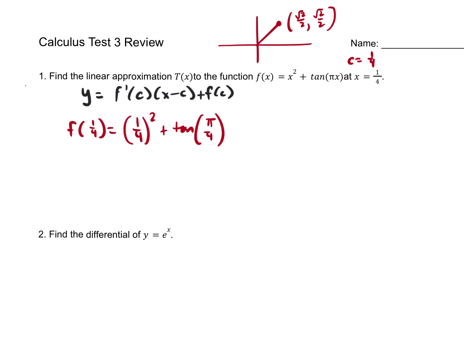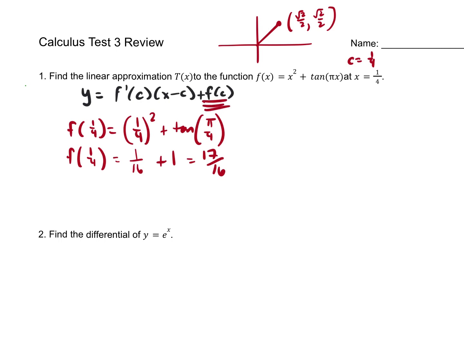So if I divide radical 2 over 2 by radical 2 over 2, I should get 1. So f of 1/4 will be 1/4 times 1/4, which is 1/16, plus 1. And so that's going to give me 17/16. So that is this f of c part I have here.